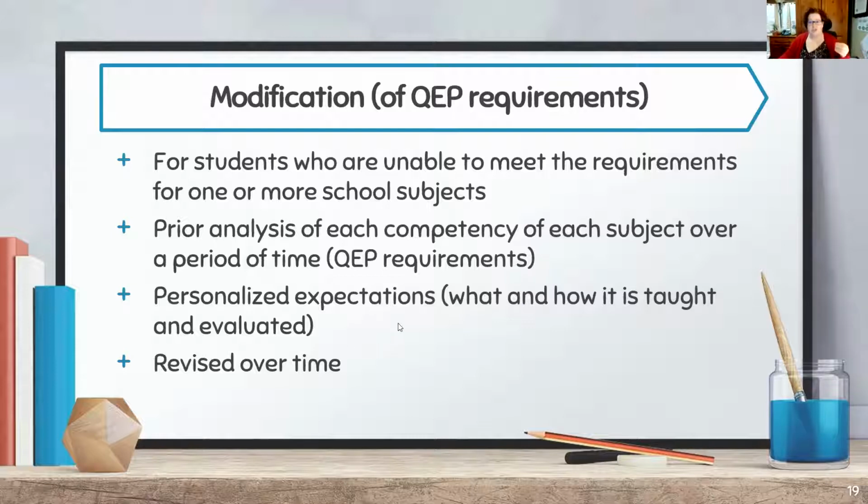Personalized expectations. So if I'm telling you that Paul has a modified report card, at the beginning of the school year, you as a teacher should pull out Paul's file, look at what he is capable of doing, look at the Quebec Education Program for his grade, and identify what he will be learning this year.